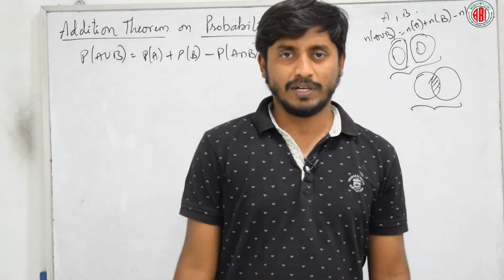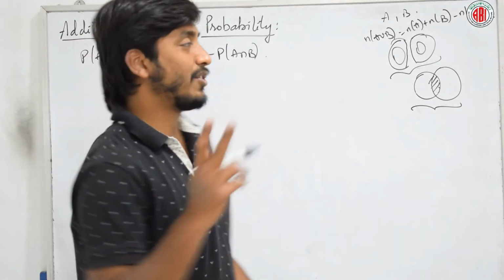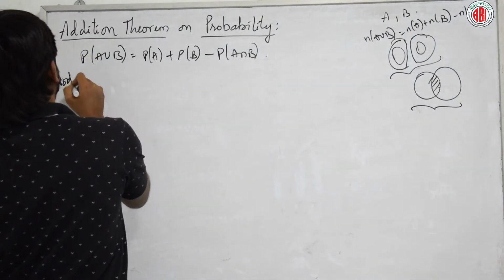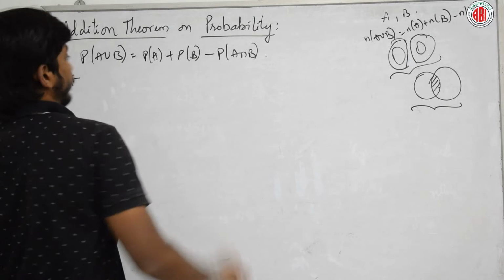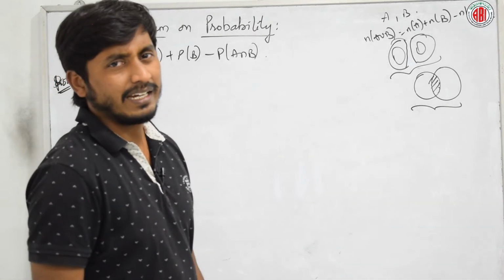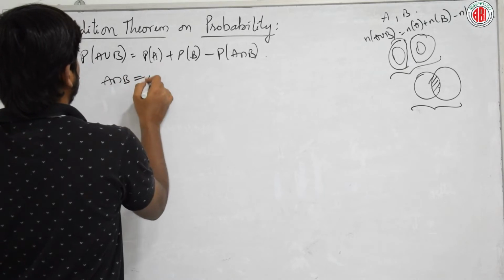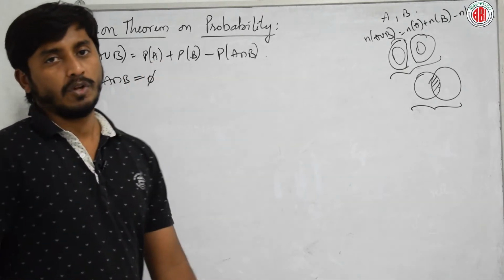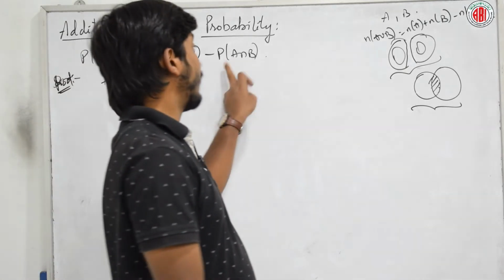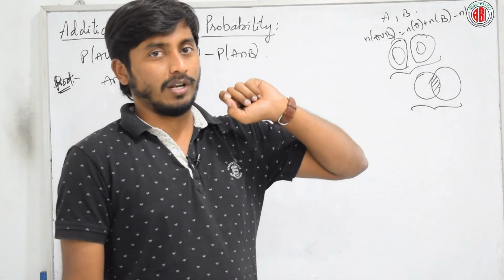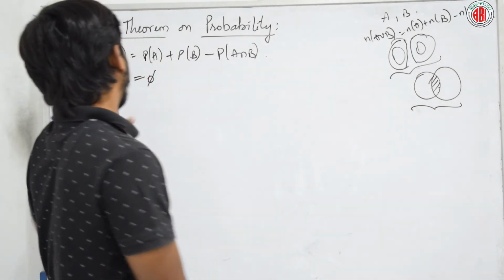So how do we prove it? Let us take two cases, when joint and when disjoint. Let us take disjoint first, where A intersection B is equal to the empty set. What is the probability formula? That is the number of favorable outcomes by the total number of outcomes.